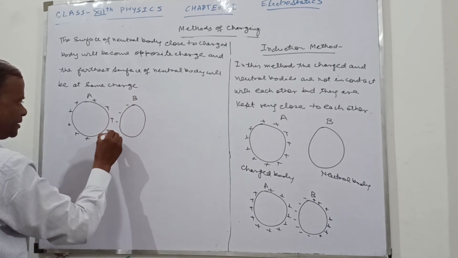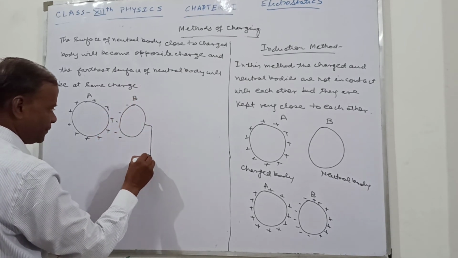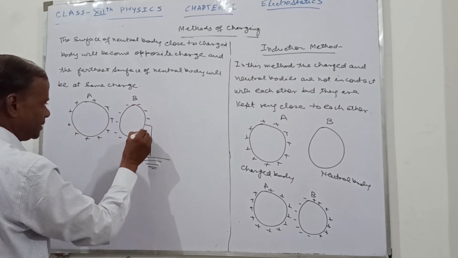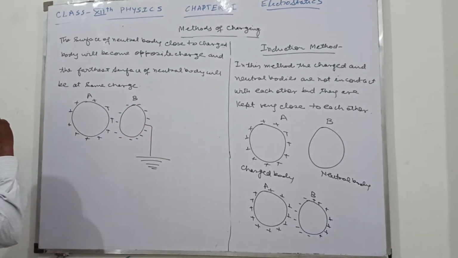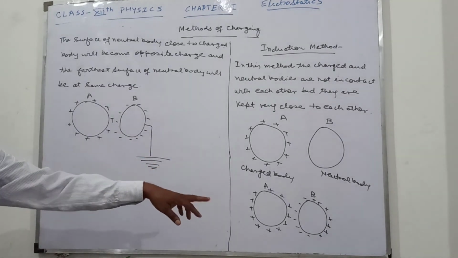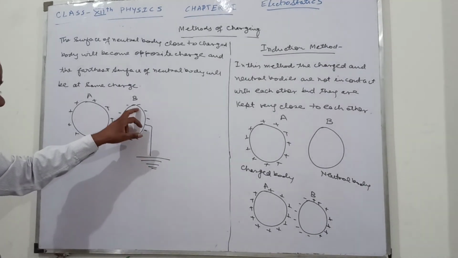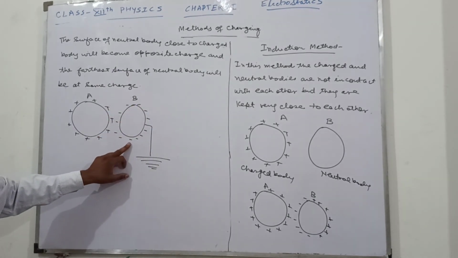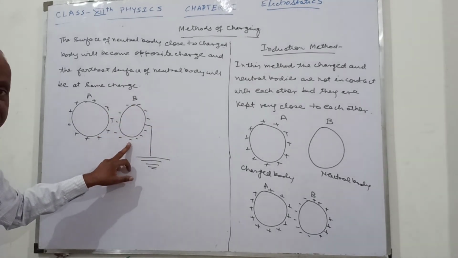This is getting negative charge, and if this surface is Earth, then this positive charge goes inside the Earth, and this surface becomes negative. So now the body B, which was neutral, will be negatively charged.